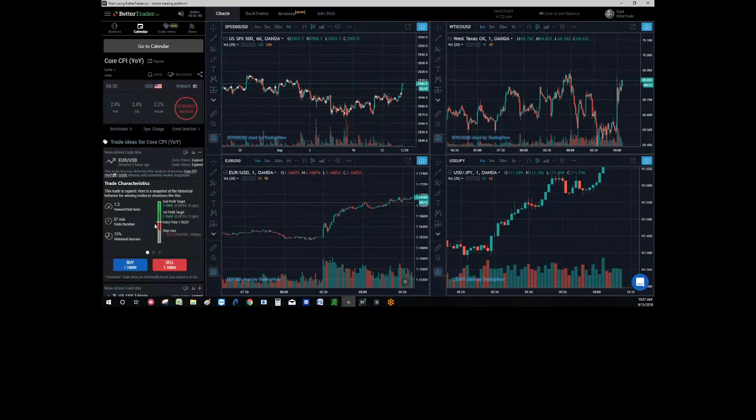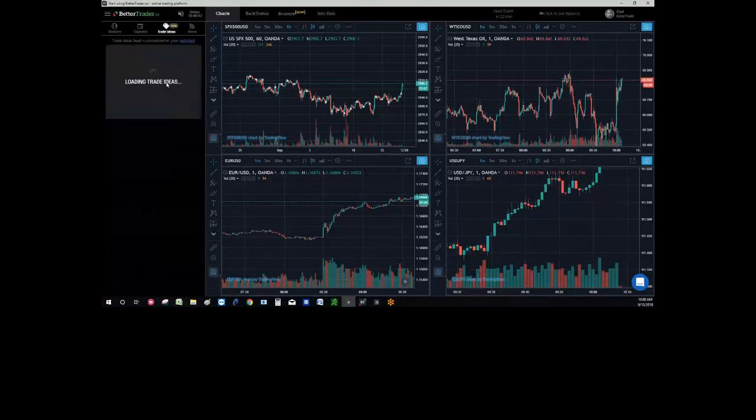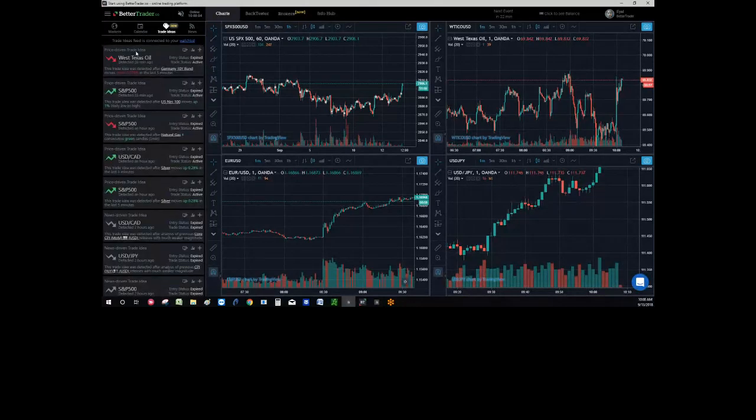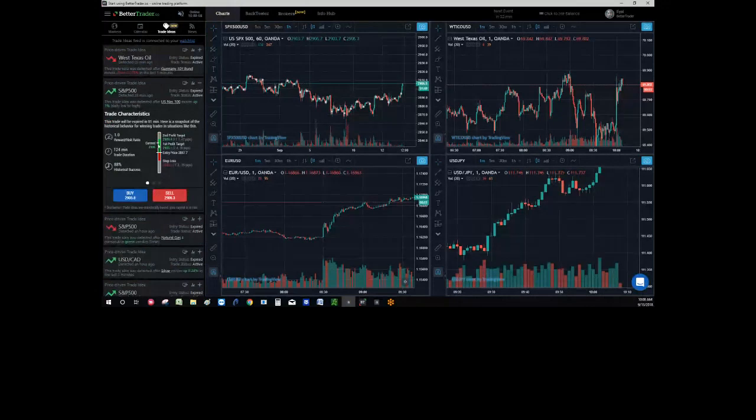Once the event is alive, once this trade idea is in real time, you have here a current market indicator. Let's see if we have something open now. Okay, let's take this one. You see this trade idea of the oil. You can see the current price, it's here.